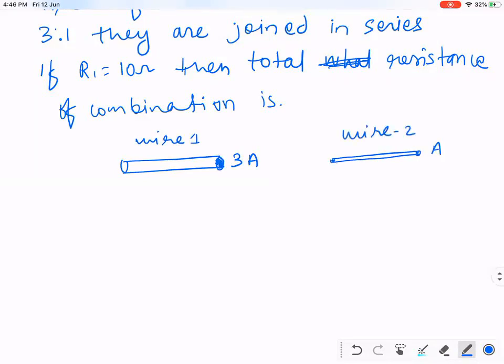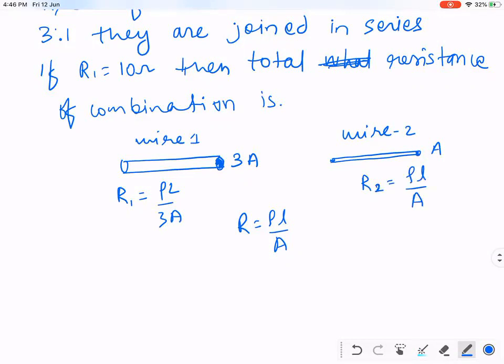And the resistance is given by rho L upon A. So what is resistance of wire 1? Rho L upon 3A. And resistance of wire 2? Rho L upon A.